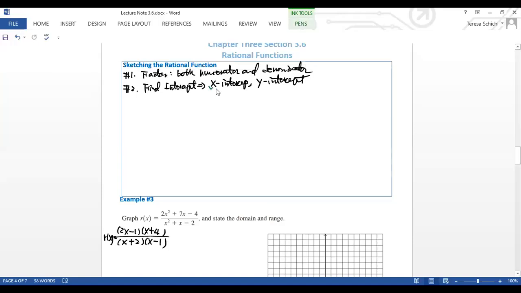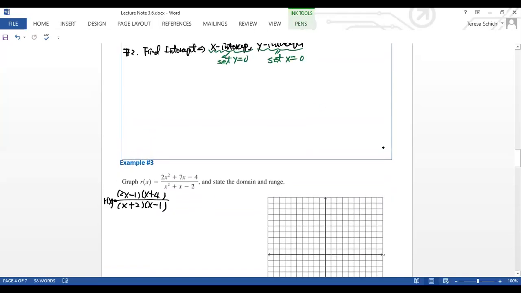For the x-intercept, I set y equal to 0. For the y-intercept, I set x equal to 0, right? That will help show where your graph is going to touch.